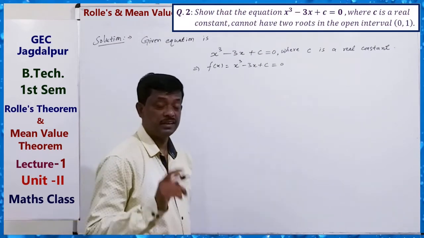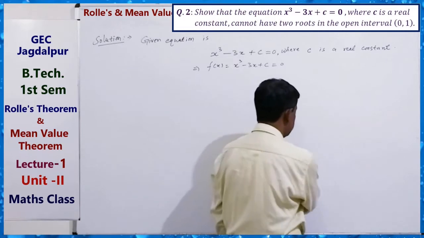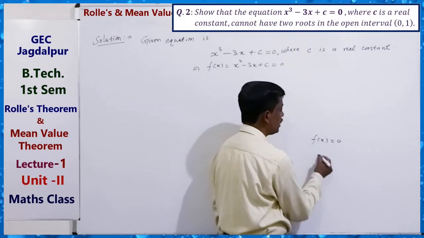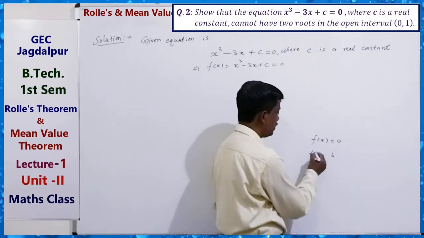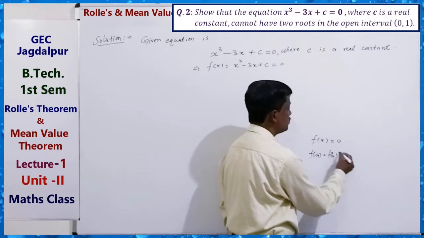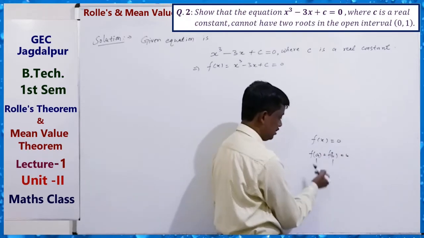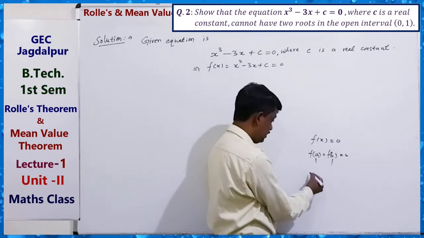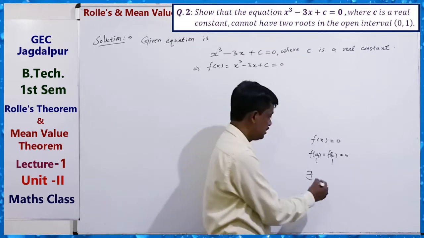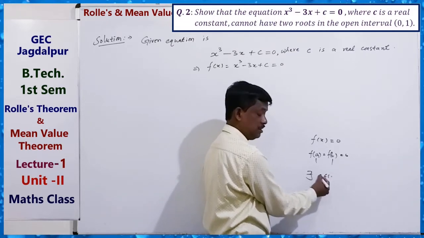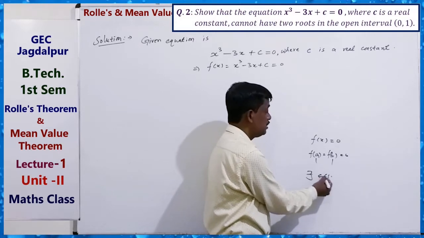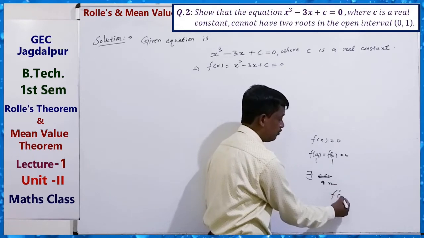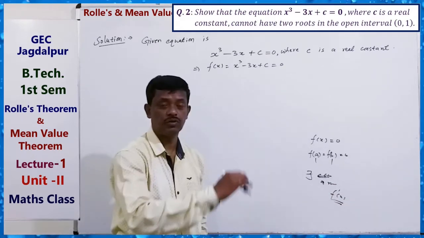According to the algebraic interpretation of Rolle's theorem, we know that if f(x) is a polynomial function and its roots are a and b, that is f(a) = f(b) = 0, then there exists c belonging to (a, b), there exists a root of f'(x).